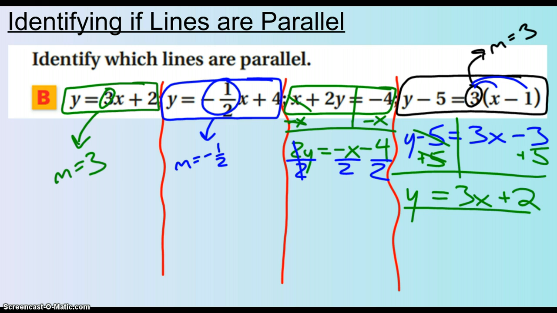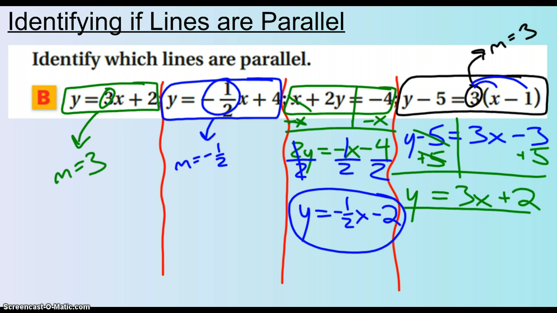And here's what we get. y equals -1/2 x minus 2, since -4 divided by 2 will give me -2. And that's this equation. So this has a slope of -1/2, meaning these two equations are parallel. And there we go. So that's how you can manipulate some equations to find out if they're parallel or not. So you can't just go by first glance, you have to manipulate them a little bit.